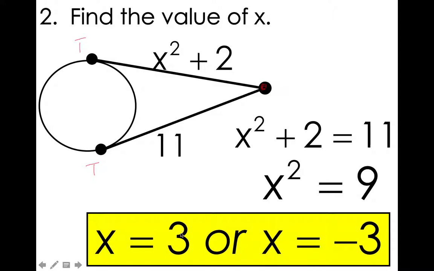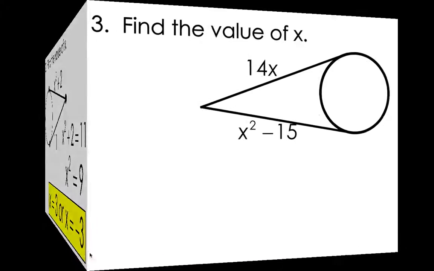The reason that 3 and -3 both work is because if I take -3 and plug it in, -3 squared plus 2 gives me positive 9 plus 2, which is 11. And even if I plug in positive 3, I still get 9 plus 2, which gives me 11. And we see that it does work out. Let's look at number 3.